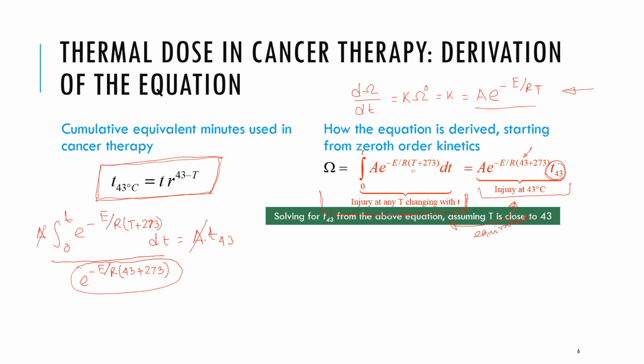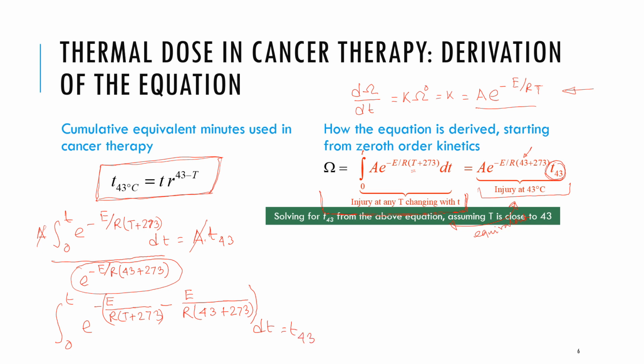So I can write the integral from 0 to t of e raised to minus E over R times T plus 273, minus E over R times 43 plus 273, dt is equal to T43.